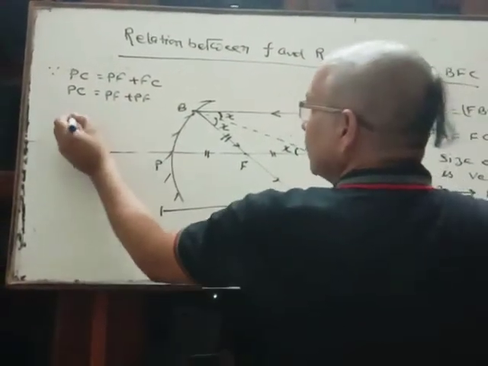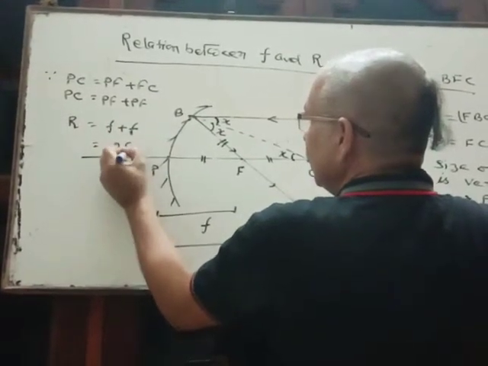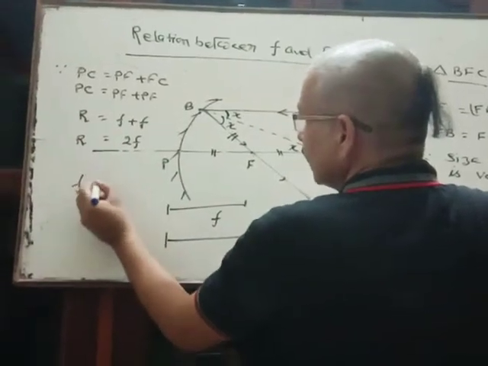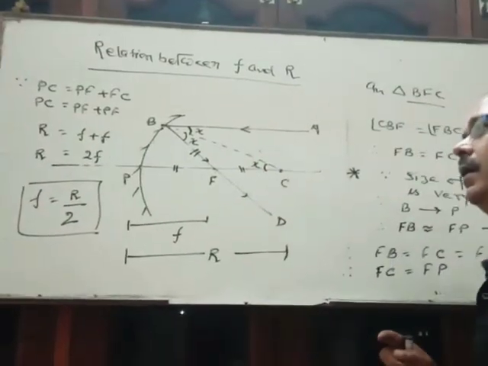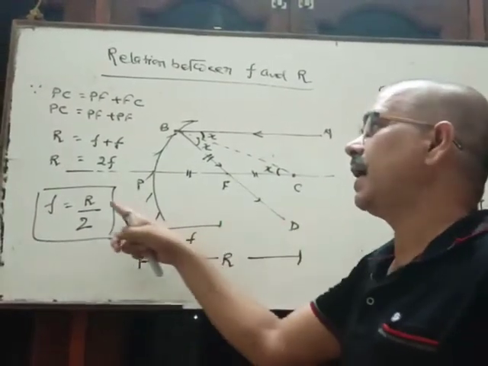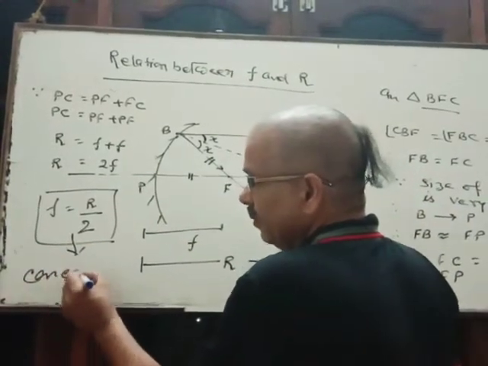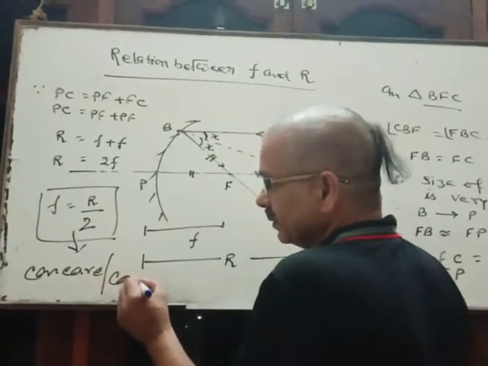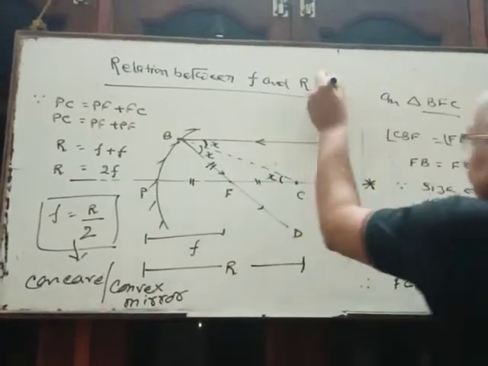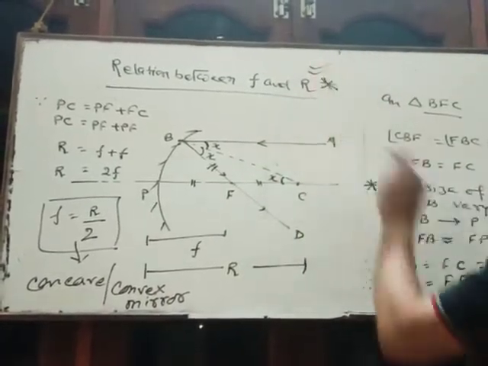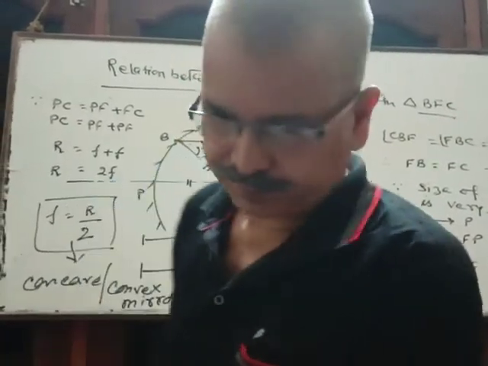PC is equal to R and PF is equal to f, so f plus f, it is 2f equal to R, so f is equal to R by 2. It means the focal length of a spherical mirror is half of the radius of curvature. It is valid for concave as well as for convex mirrors, both. Very important, it is given in our syllabus. So, this establishes the relation between f and R for any spherical mirror.